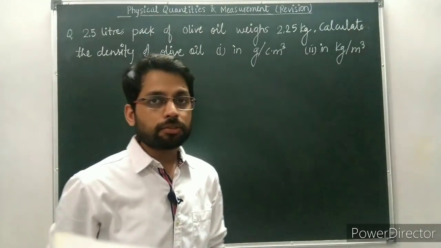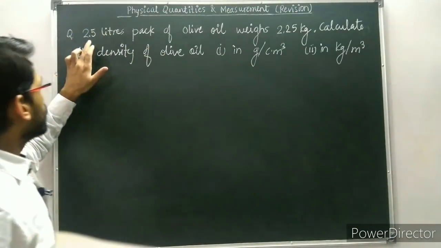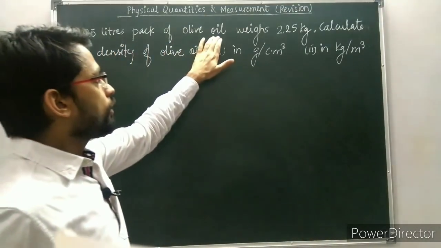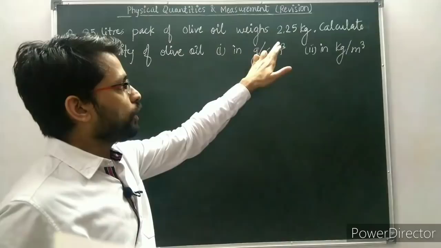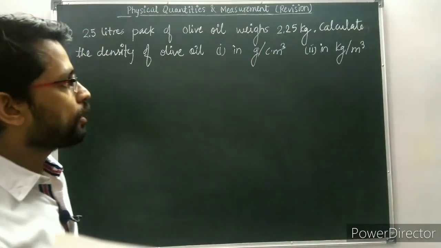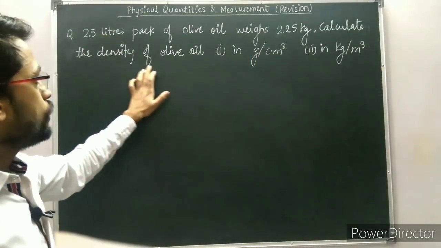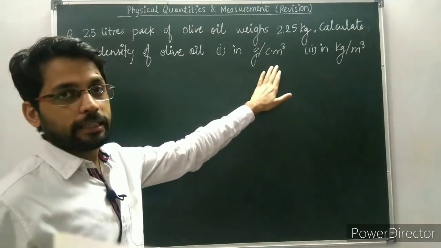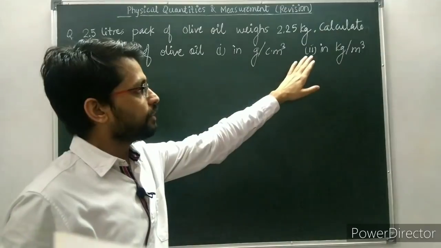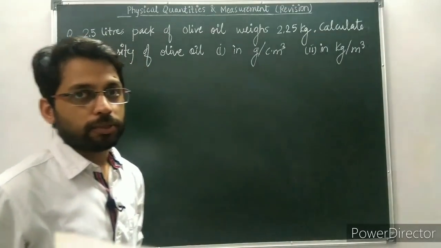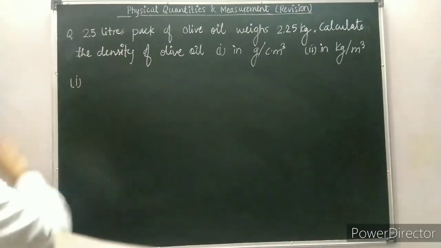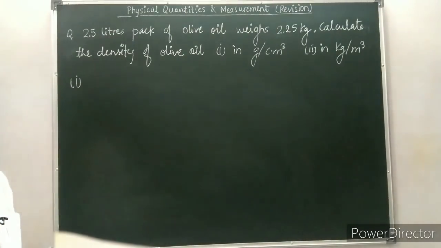Now come to the next question. A 2.5 liters pack of olive oil weighs 2.25 kilogram. Calculate the density of olive oil, first in gram per centimeter cubed and second in kilogram per meter cubed. Now first part, calculate the density in gram per centimeter cubed.